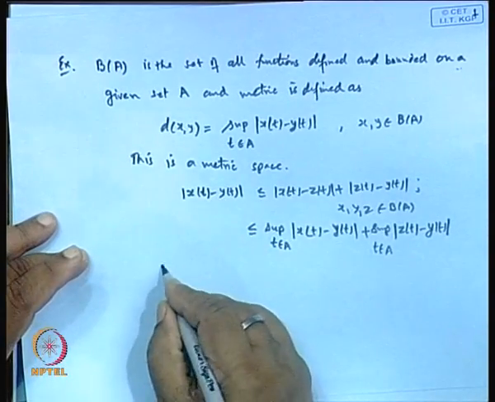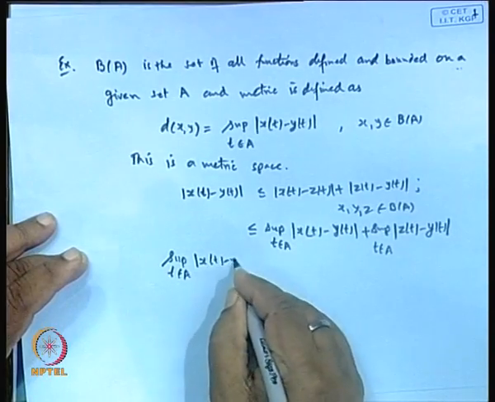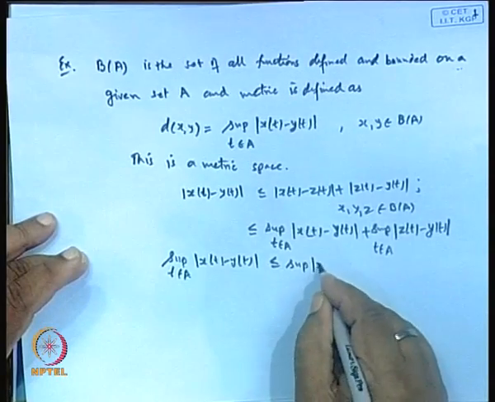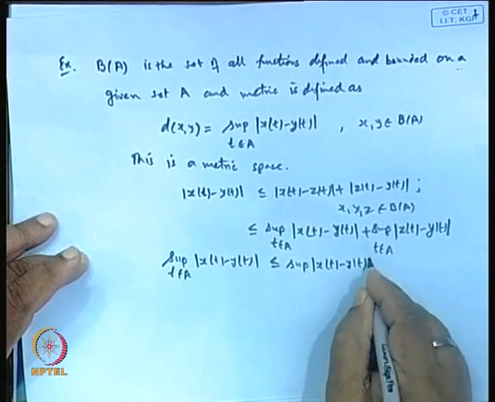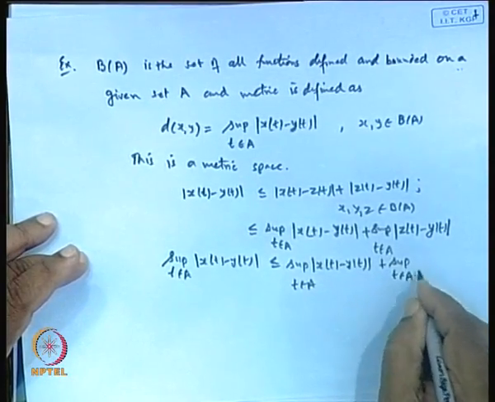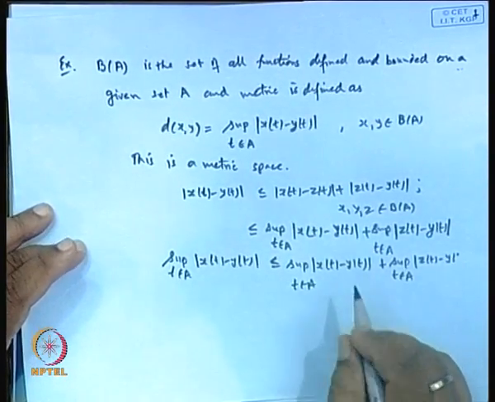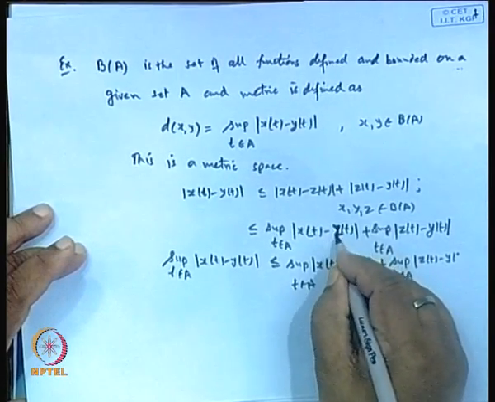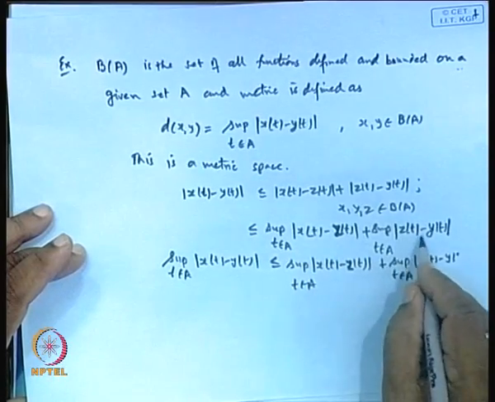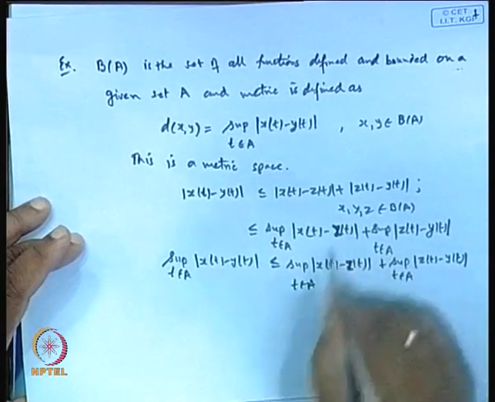So, take the supremum on the left hand side over t, and we get this part is less than or equal to the supremum of mod x of t minus z of t, t belongs to A, plus the supremum of mod z of t minus y of t.